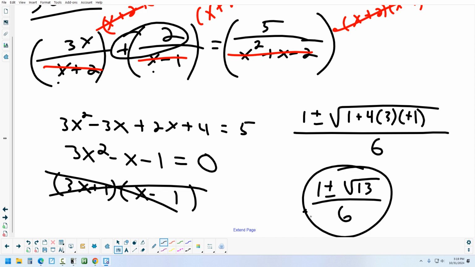So what would happen if it was negative 2 or positive 1? If you got a negative 2 or a positive 1, you would have to cross that answer out and say it was extraneous. Or if I had a spot on the test that said which answer is extraneous and which answer works, you just have to put it on the right line. Tell me which one works, which one doesn't. If it doesn't work, it will cause you to divide by 0.